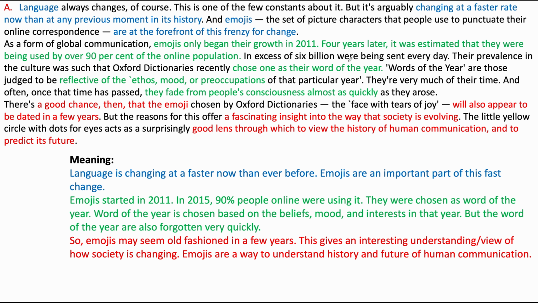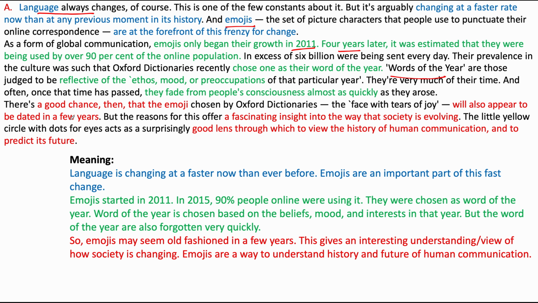Let's quickly review what each section is saying. This is something we went through in detail for list of headings. Section A says that language is changing quickly and emojis are an important part of this change. Then it talks about when emojis started, how they became popular, and that one emoji was chosen as word of the year.